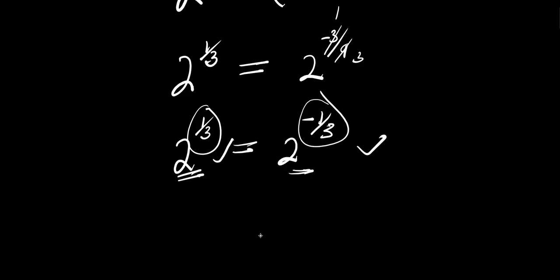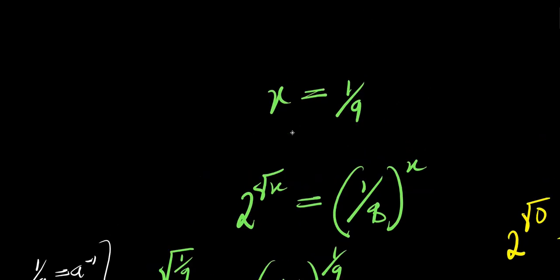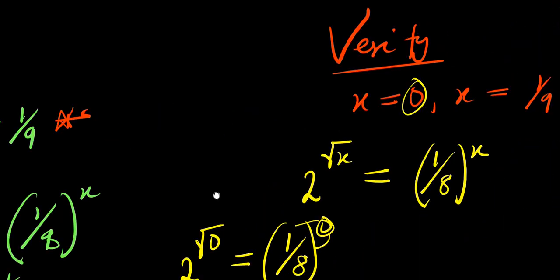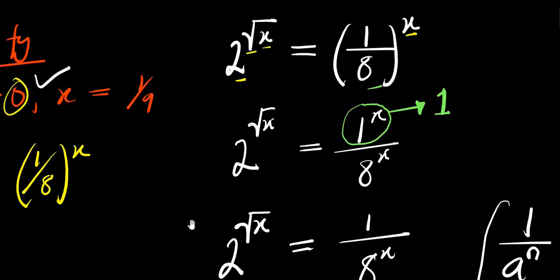So this actually means that this particular value of x has not satisfied the equation perfectly. So we might not consider that one. So the only solution we are going to consider is x equals 0. So that is it. Thank you and goodbye.